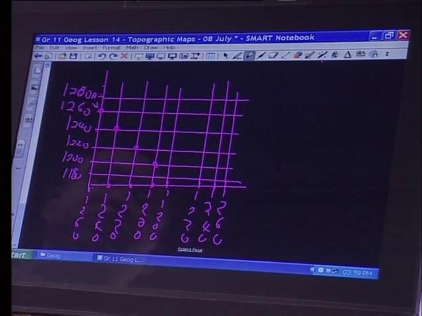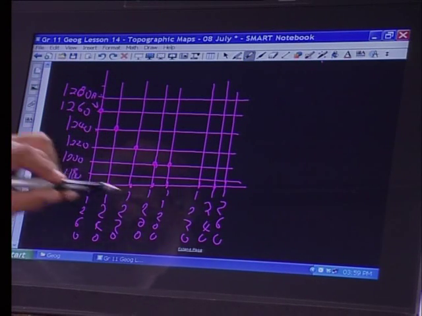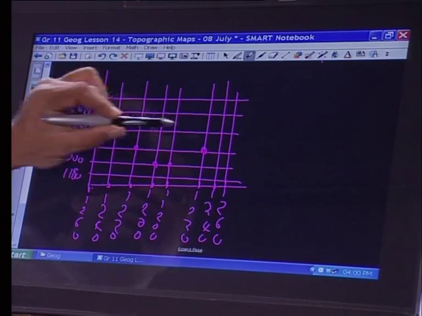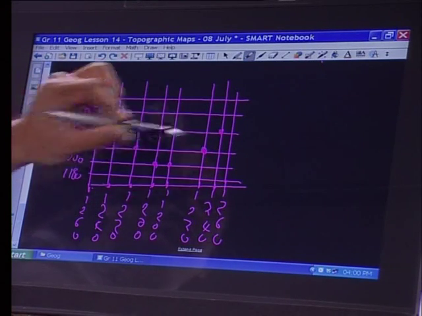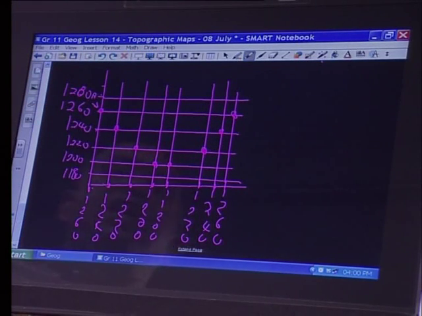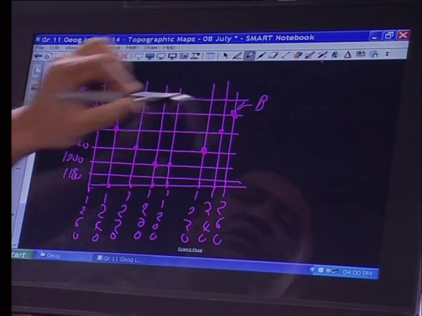Okay, I put my little dots. And here 1,200 and 1,200 will match. Here 1,220 and 1,220. 1,240 and 1,240. 1,260 and 1,260. So I've got all my points, and I know that is B.